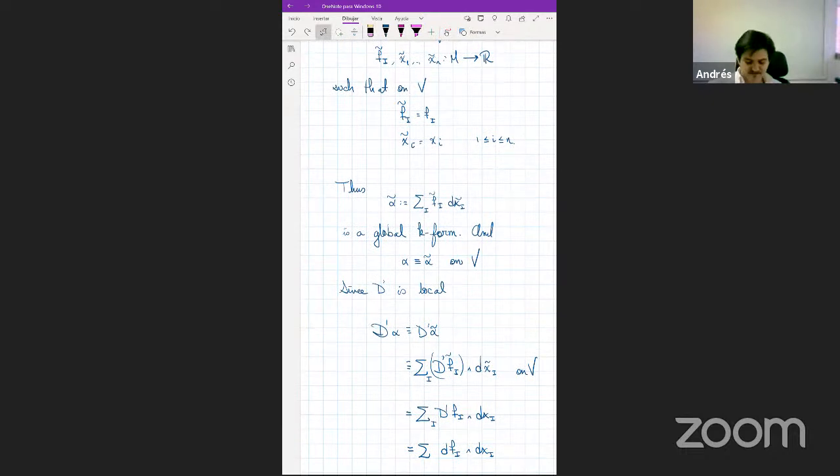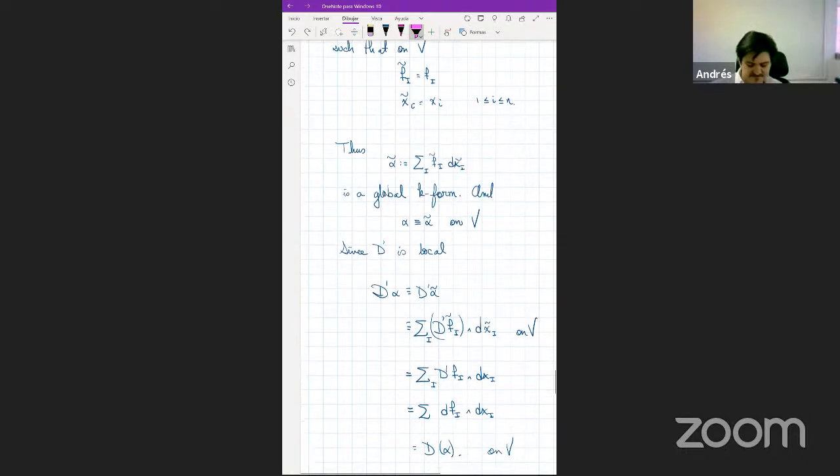Right? But again, what we saw before, any exterior derivative of functions has to be the usual d. And that's it.